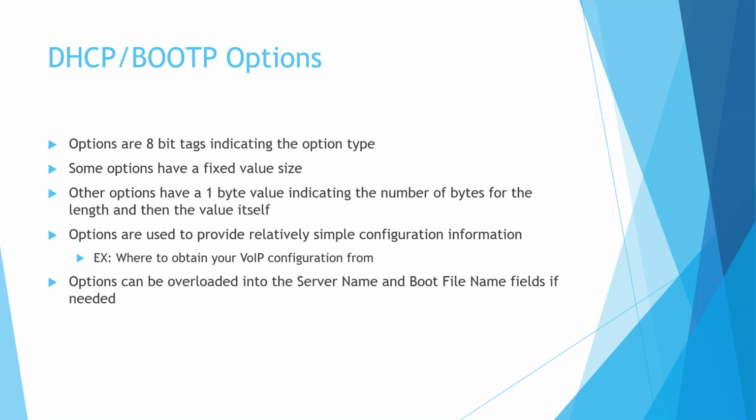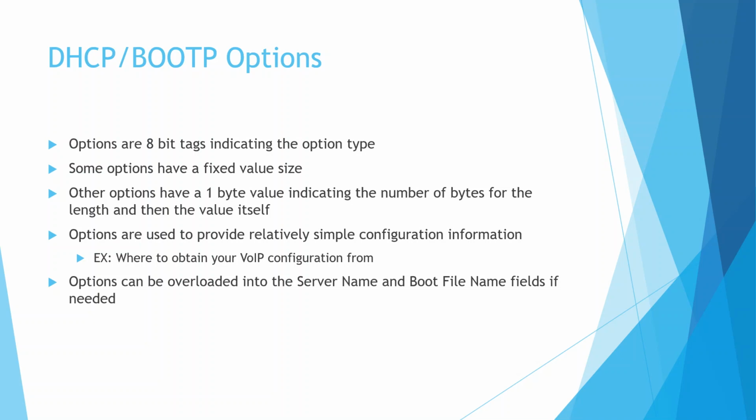But basically, even though we have the ability to have a lot of different options in our DHCP message, we are still only providing a relatively simple configuration for our network devices. For instance, in a lot of cases, we will set up an FTP server or an SFTP server to host our VoIP configuration files.